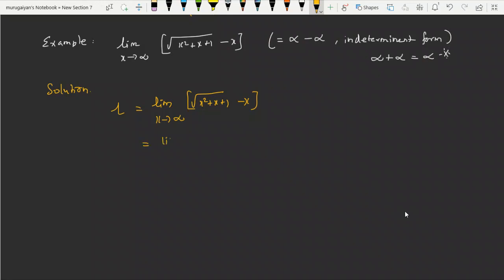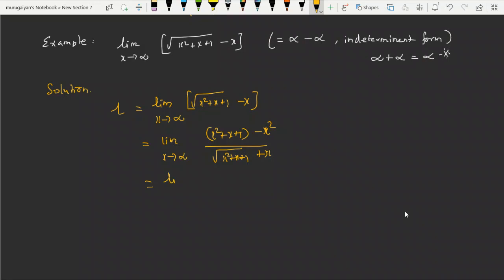To avoid indeterminate form, we can apply rationalization. After applying rationalization, x square plus x plus 1 minus x square, the denominator root of x square plus x plus 1 plus x.